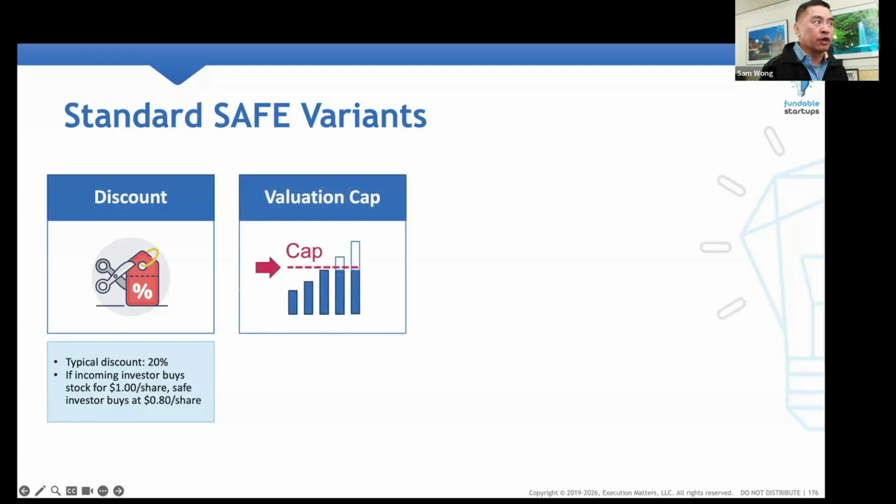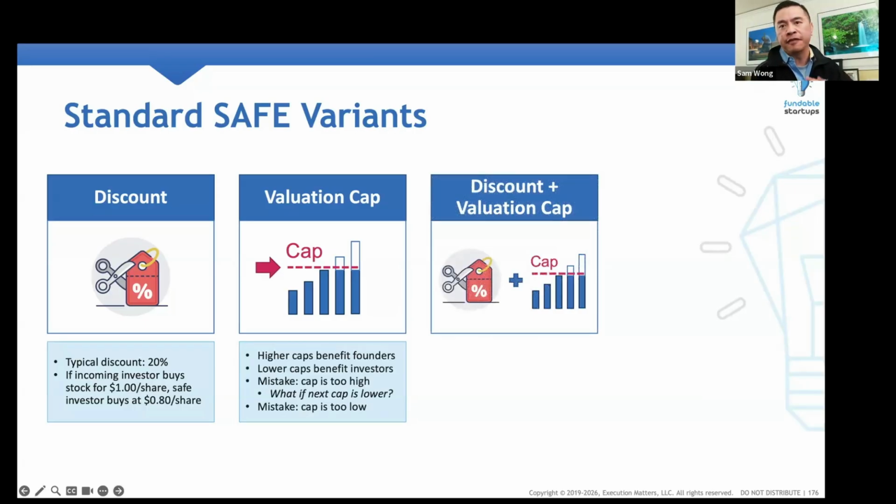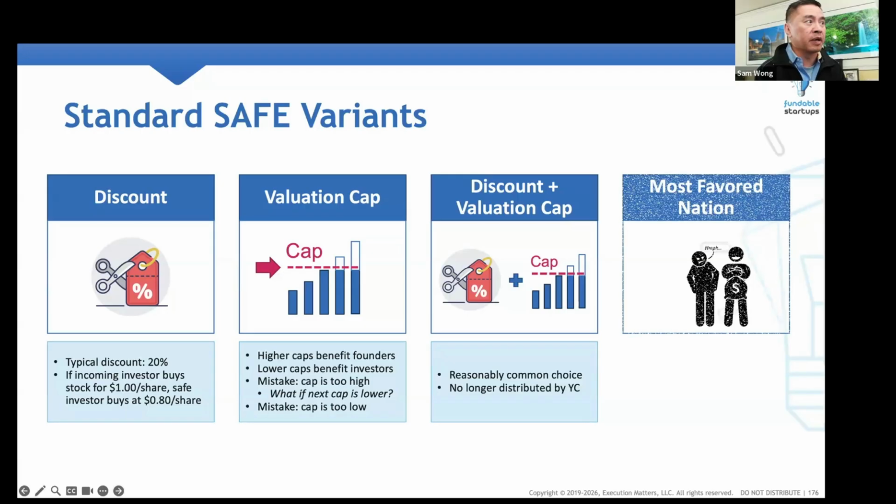There's also a valuation cap, where as the company grows in value, the cap limits the math on the valuation of the company to convert the shares. There's also a discount plus valuation cap variant, but this version is no longer distributed by Y Combinator.